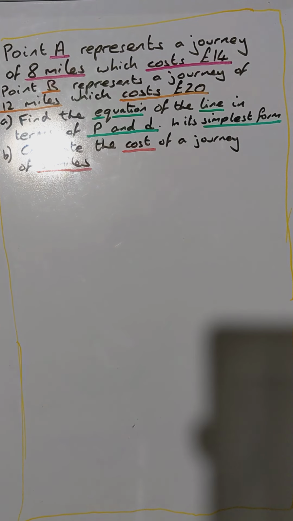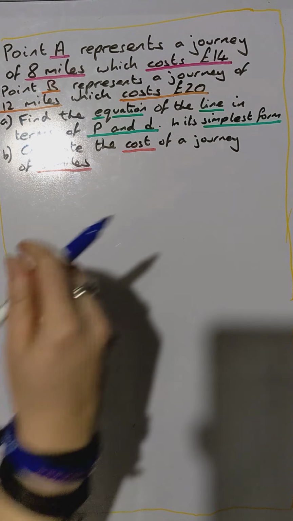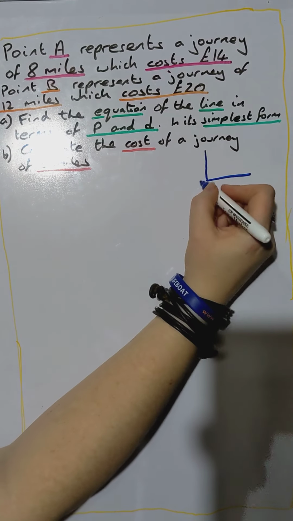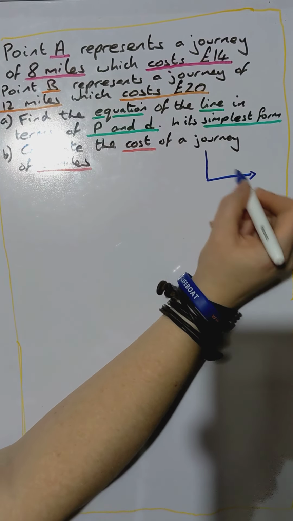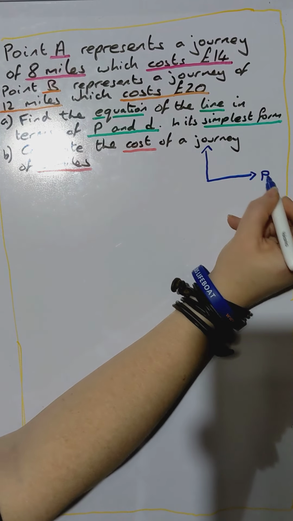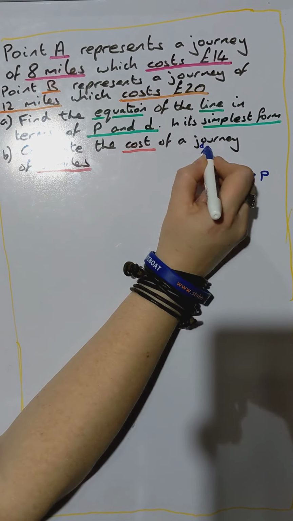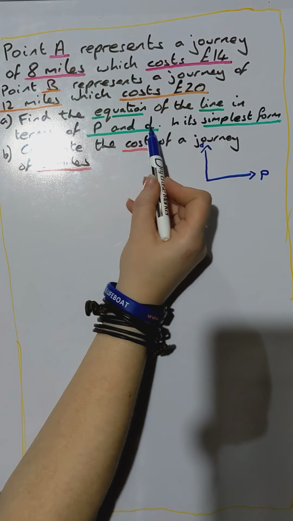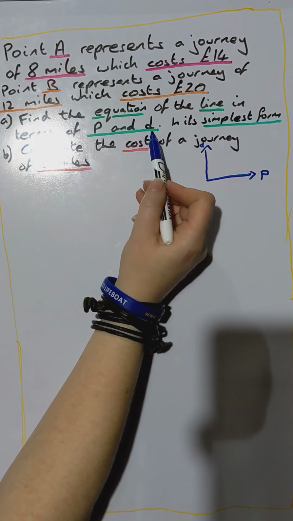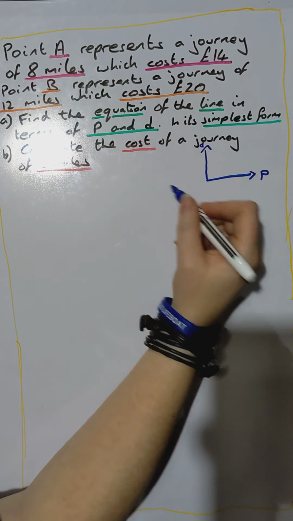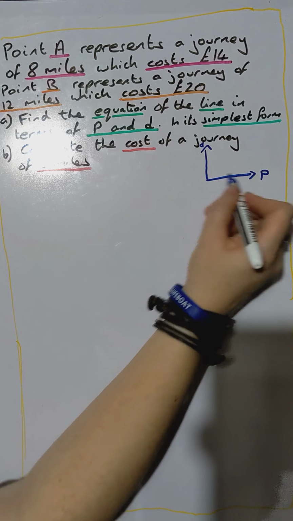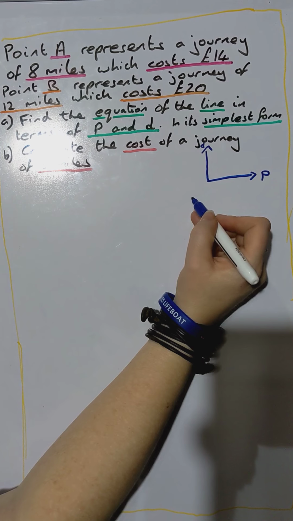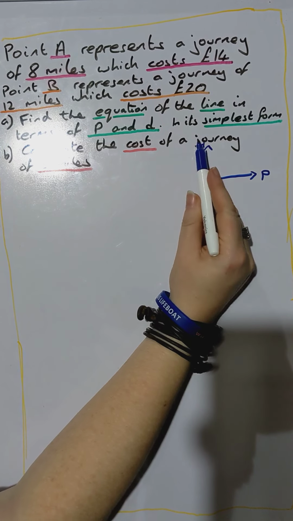Now, first thing I would do with a question like this is draw myself a little sketch. And I am going to call that axis P and this axis D. Only reason I've chosen to do it that way is because they say P and D instead of X and Y. So I'm making an assumption here that the miles go that way, and the costs go up.